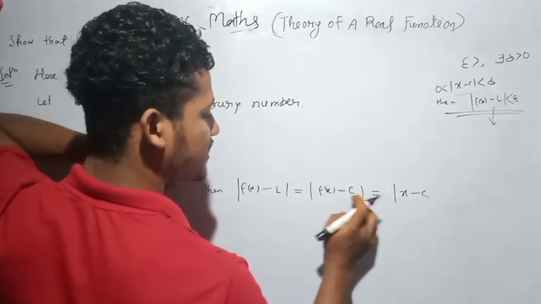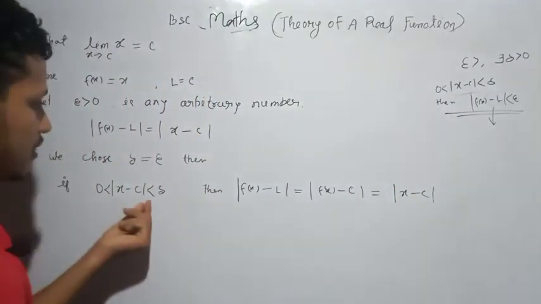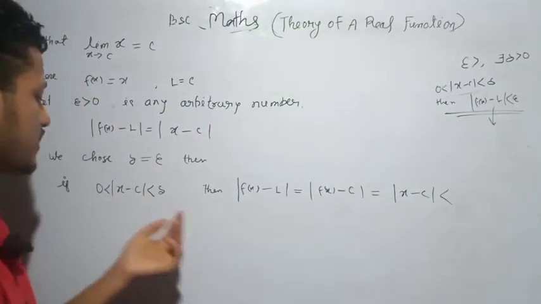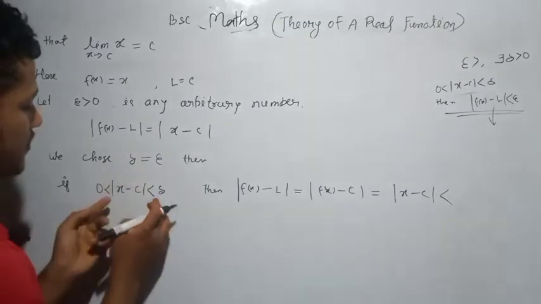This is modulus of x minus c, less than delta.